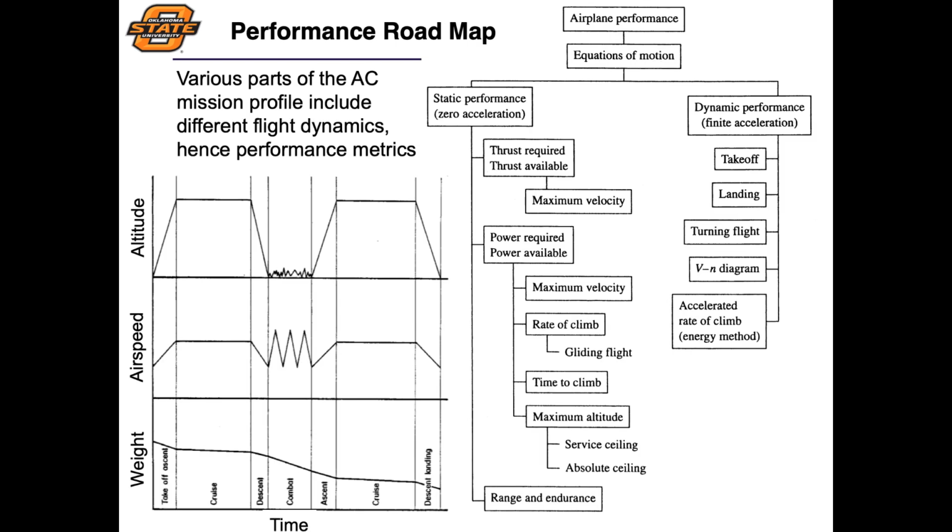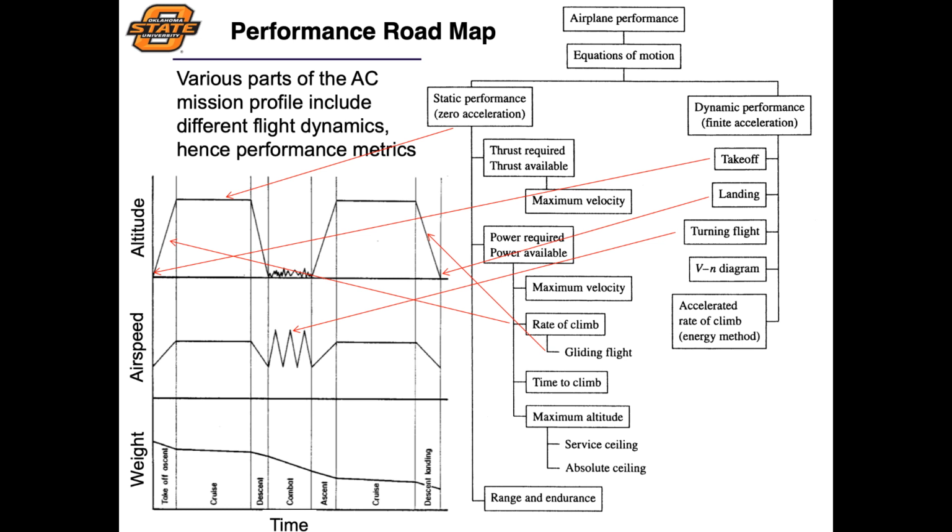Now, we can look at a lot of these values across a range, or kind of a roadmap of what's going to happen with any particular aircraft flight operation as it goes through the process of taking off, climbing, cruising, going throughout a mission. In this case, we have a fighter aircraft, through turning flight, landing, and then coming back, and then its mission ends when it returns to base.